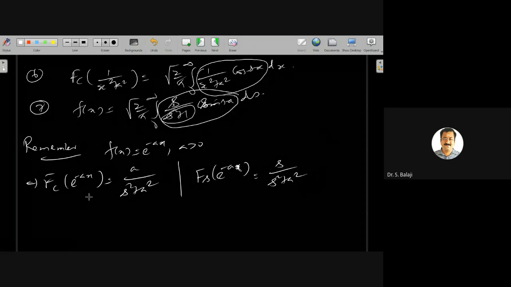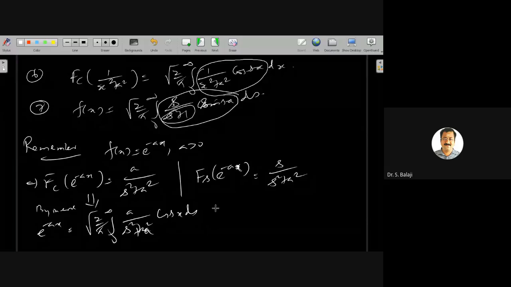From this, by inverse we have the integral formula: e power minus ax can be written as root of 2 by pi integral 0 to infinity a by s square plus a square cos sx ds, by the inverse Fourier cosine transform.